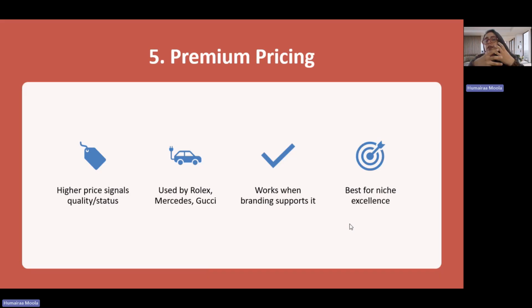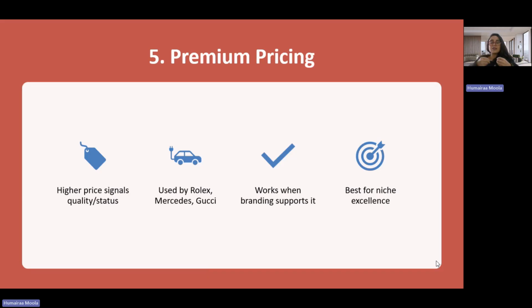So when we think things like this, exclusive, luxury, high end, we start to think about brands like, again, Rolex, Gucci, Louis Vuitton, Mercedes-Benz. They all represent premium pricing very, very well. The higher price is not a problem for the brand. It is part of the brand. It signals things like quality, exclusivity, and status.